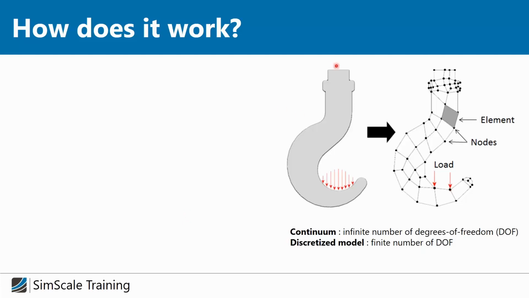So just imagine you are interested in the stress distribution inside this kind of hook. And in the end of the day, what you want to understand is, for a given load and a given geometry from a given material, what is the stress and the displacement of material inside this hook.